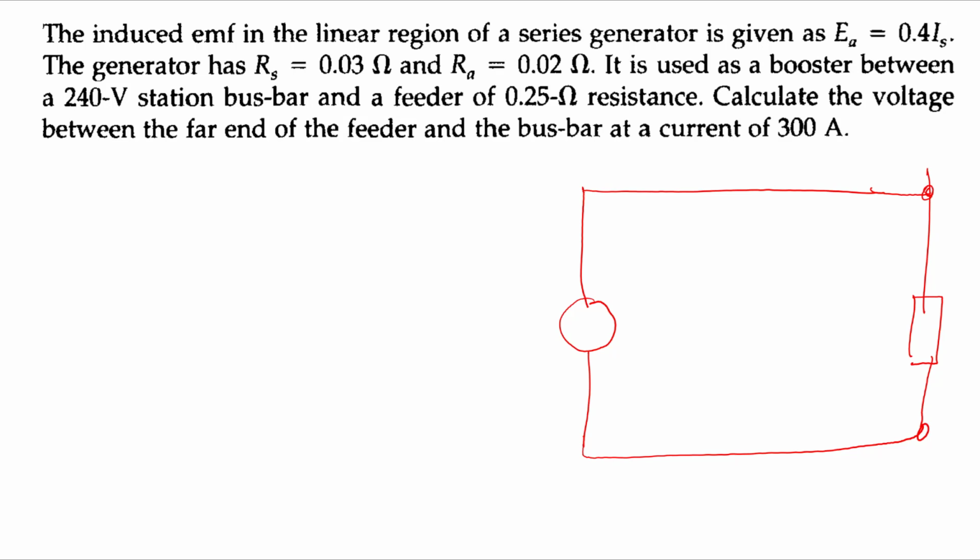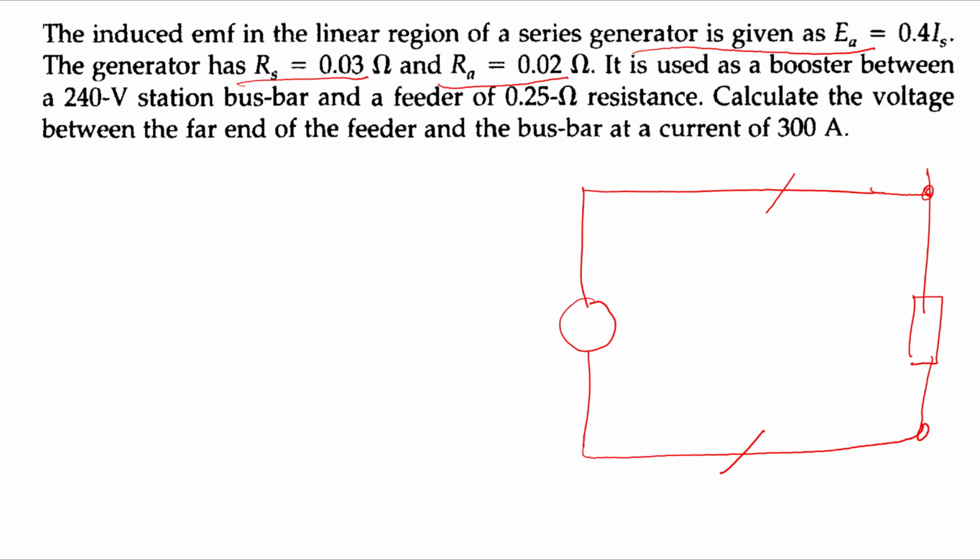Now, this is a substation feeding the load, and this is the feeder. You can mark it here. There is a series generator with EA equal to 0.4 IS, RS equal to 0.03 ohm, and RA equal to 0.02 ohm.